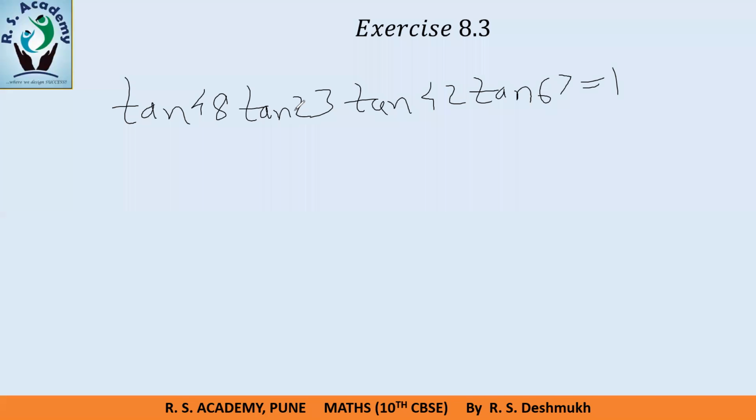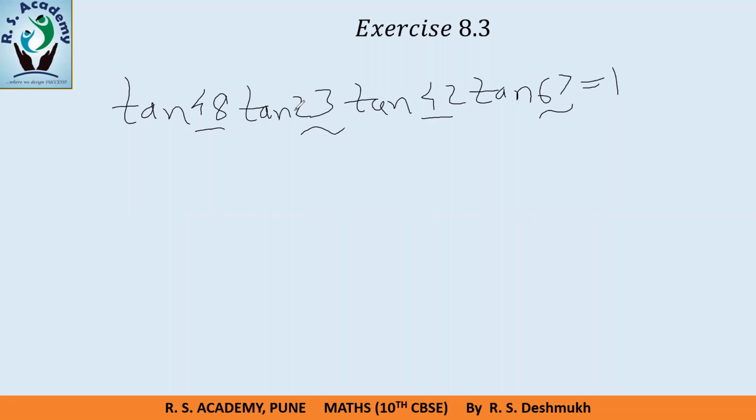Is the sum of two digits becoming 90? Yes. 48 plus 42 is 90, and 23 and 67 becomes 90. So I should convert tan into cot or cot into tan. Why I am telling you: if I take tan 42 and convert it into cot 48, then tan and cot will cancel, because tan is 1 by cot. Okay, so just observe carefully what I am doing.